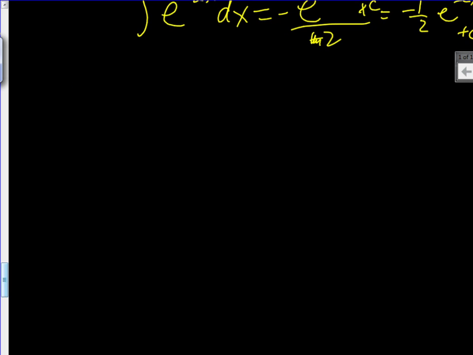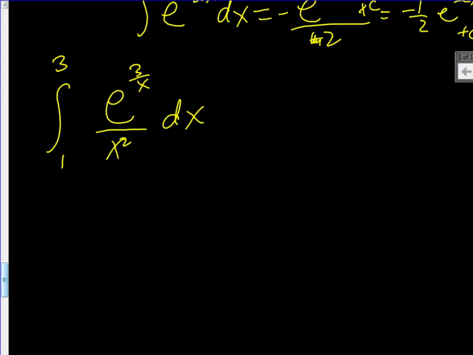Here's a good one. The integral from 1 to 3 of e to the 3 over x squared dx. Don't let the limits bother you in the least until you're done, and never deal with the limits until you're done with the integration. How about we let u equal the exponent, which is 3 over x.